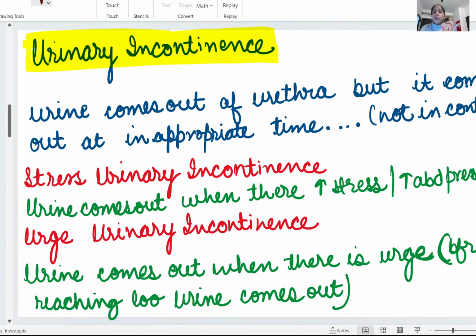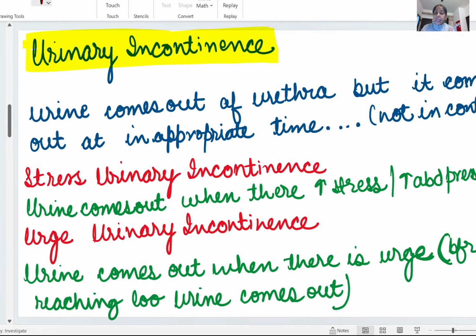Most of us think that urine leaking through the vagina is incontinence. No, big no. If urine is coming at an inappropriate time, we have normal control on urine, right? We want to pass urine only in the loo. If the urine is coming at an inappropriate time, then it is incontinence.